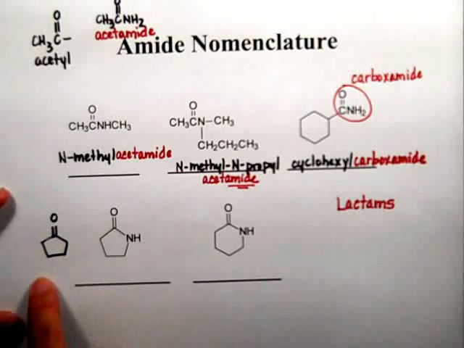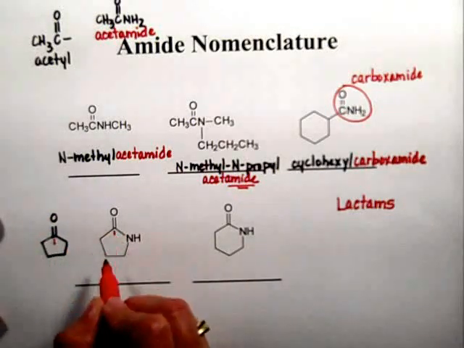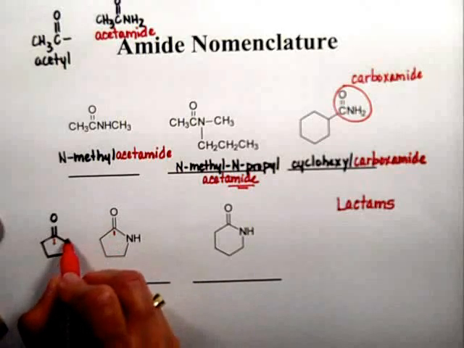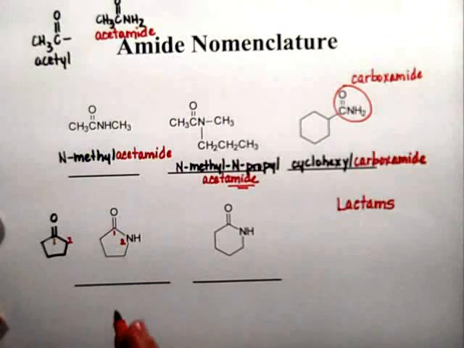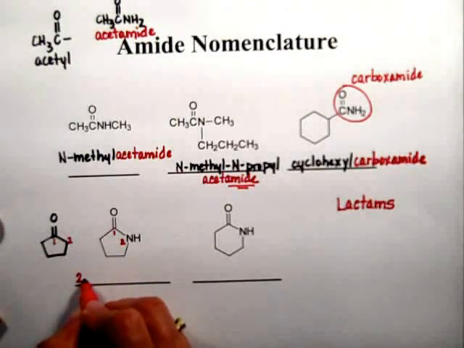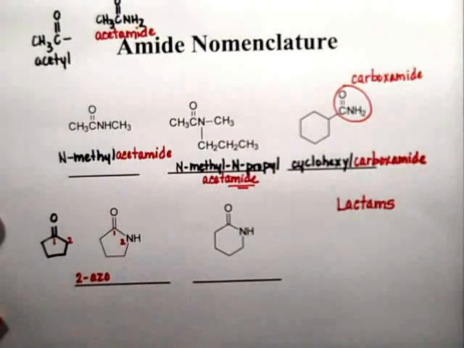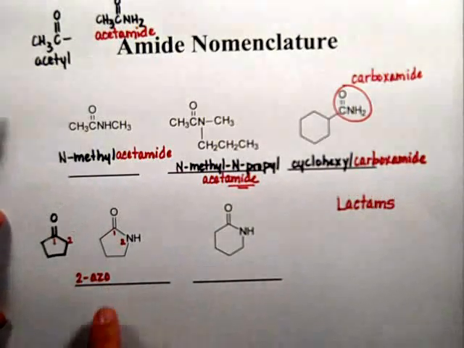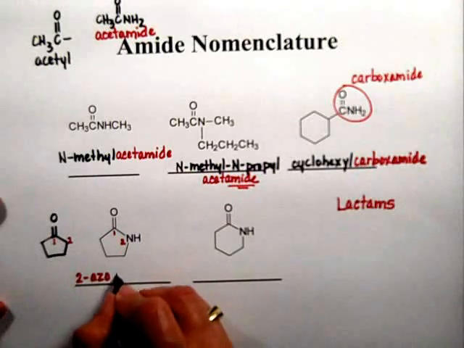So I have cyclopentanone here, and cyclopentanone has been changed a little because in the second position now I happen to have a nitrogen. And to specify that it's a nitrogen, I'm going to use aza. So aza means that I have a nitrogen atom, and it's on the second position of my cyclopentanone.